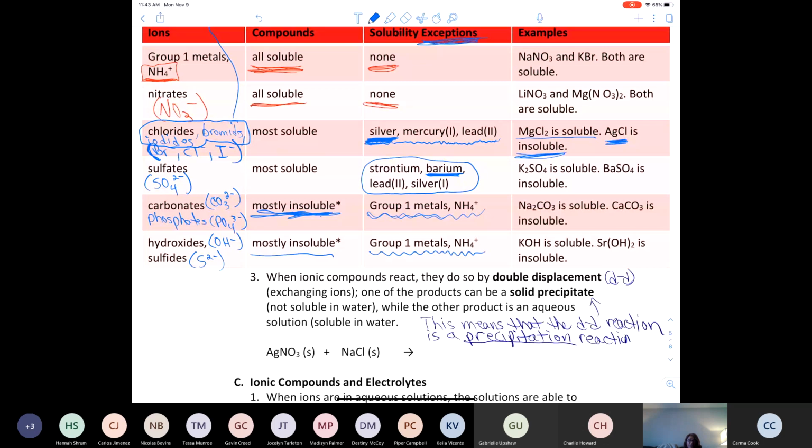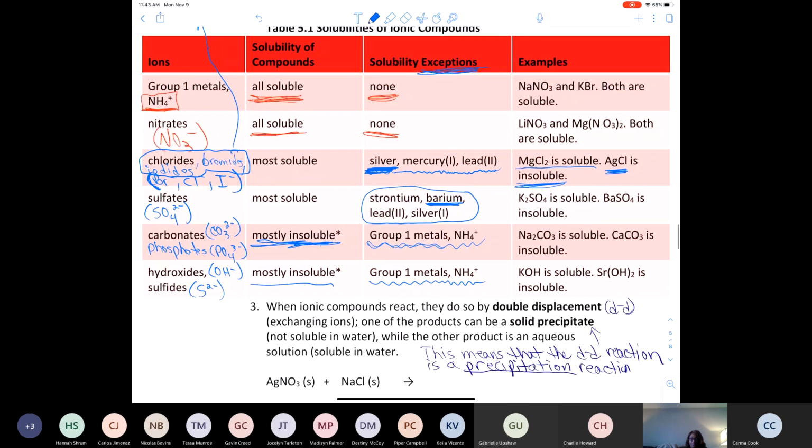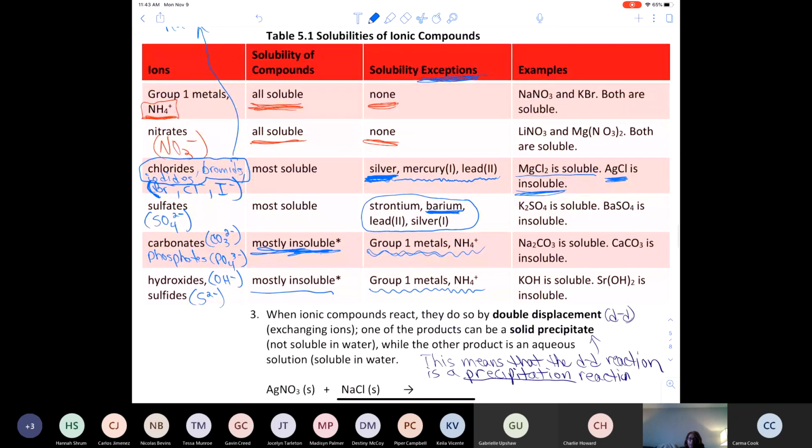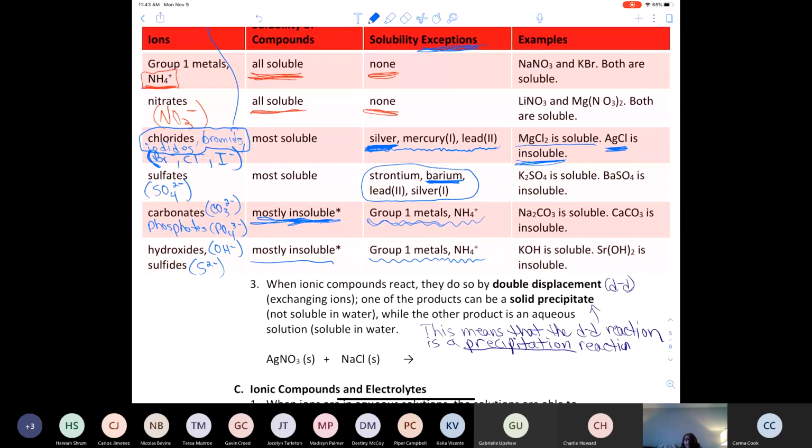So potassium hydroxide, potassium being a group 1 metal, is soluble, but strontium hydroxide is insoluble. And so this table is very useful for determining whether or not an ionic compound will dissolve in water, meaning it's soluble, or if it does not dissolve in water, meaning it is insoluble.